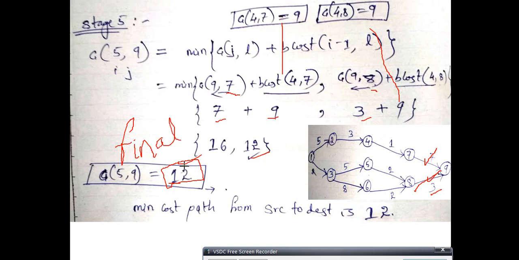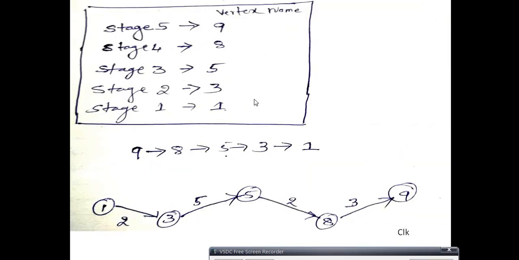Final answer. Now the next job is we have to draw the minimum path. See here how to write that minimum path. Now write down the first minimum cost in the particular vertex. So stage number 5, what is the vertex name? 9. Stage number 4, vertex name is 8.